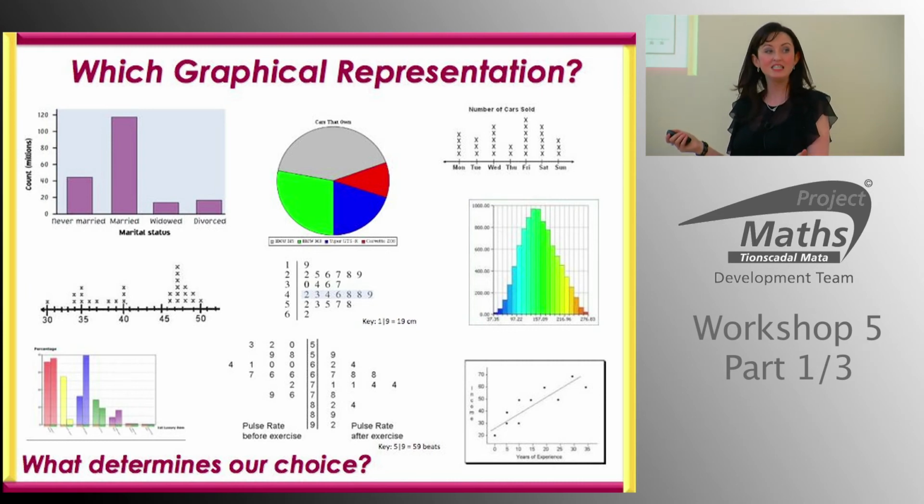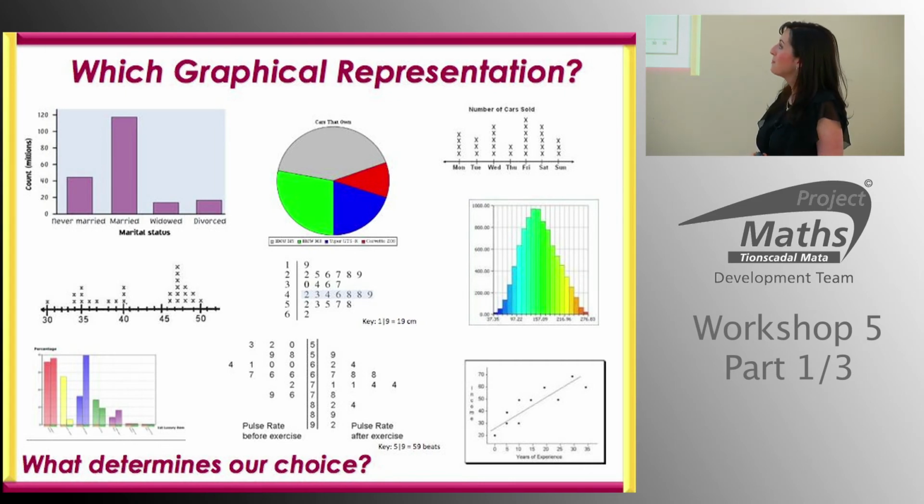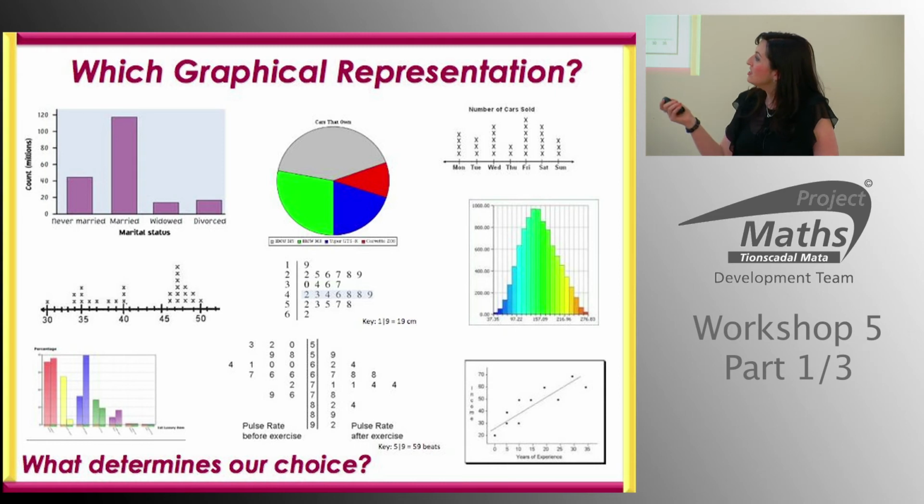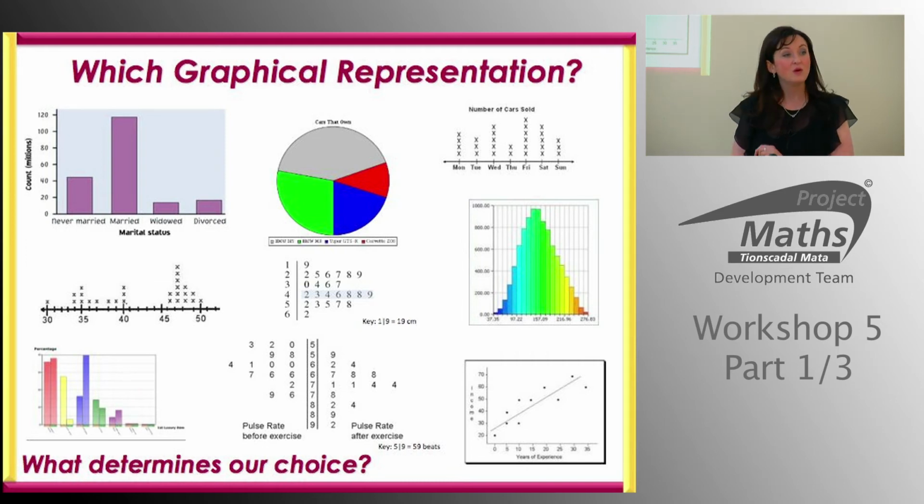So you can really see the individuality of the data. But again, you can still see the distribution, can't you? The majority of the data is clumped around the middle, isn't it? You can clearly see the distribution. These two, this one here and this one here, are very good for comparing.